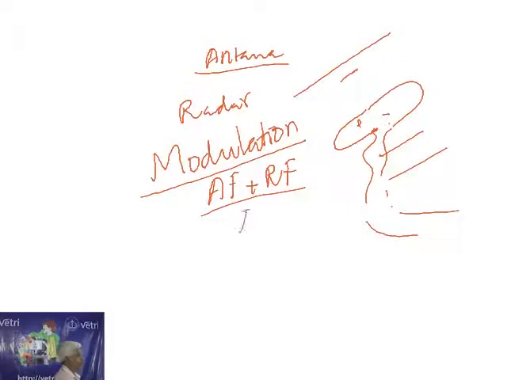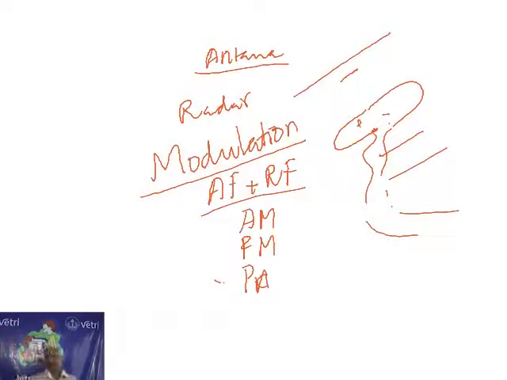Modulation may be of three types. One is called amplitude modulation. Another is called FM, frequency modulation. Another one is called phase modulation, PM. PM does not come in our India. AM and FM. So you are enjoying AM, amplitude modulation, and nowadays FM has slowly developed.